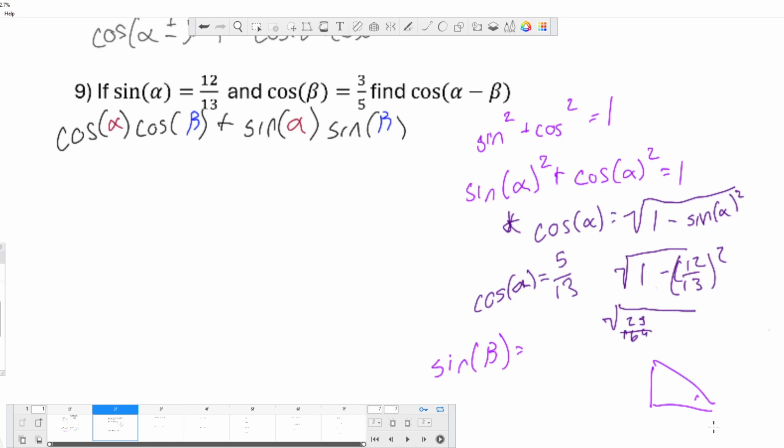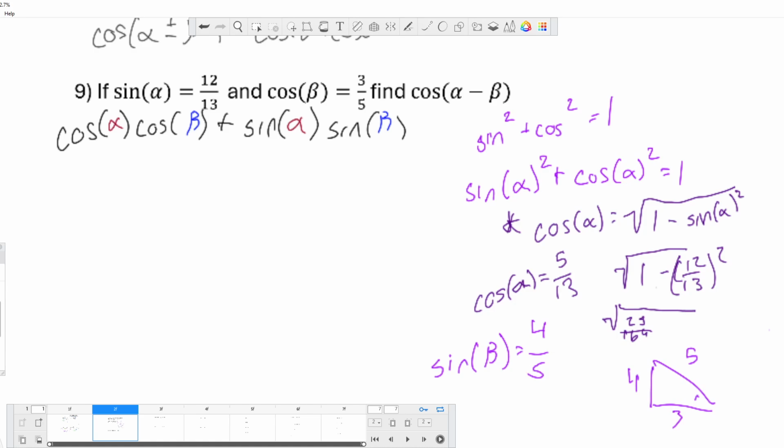Cosine is adjacent over hypotenuse. So if we have 3, this is obviously a 3, 4, 5 triangle. And so sine of that same angle is just going to be 4 over 5.